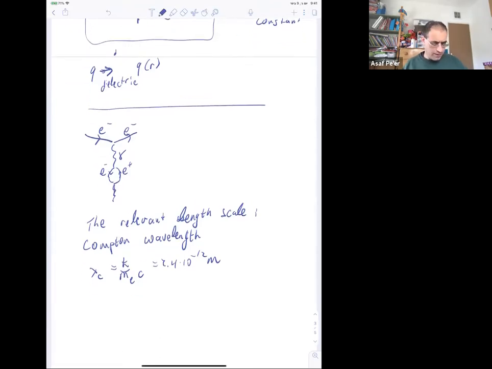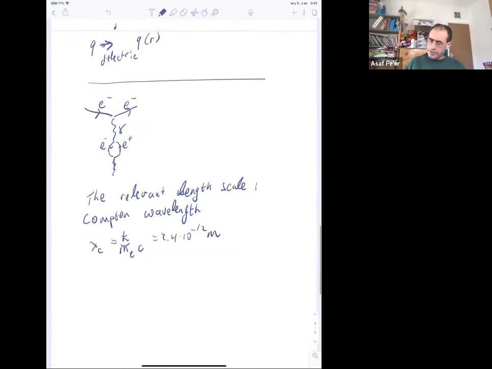And so the dependence of the charge on the distance becomes apparent if we go to smaller distances. But smaller distances mean larger momenta. So when the momentum P becomes of the order of 1 over lambda C, which is similar to the electron's mass in natural units, then this becomes apparent.